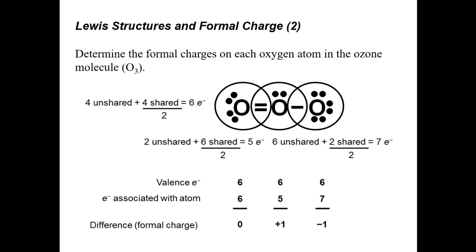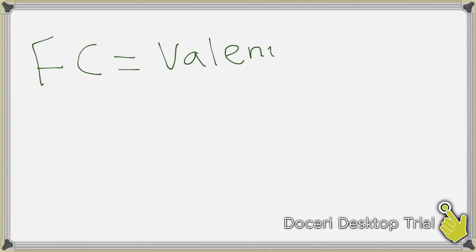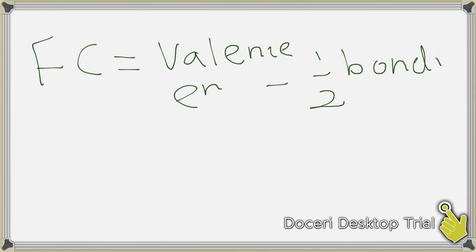Let me write the formal charge equation again so you know. Formal charge equals valence electrons minus half bonding minus non-bonding. So this is the formal charge equation.